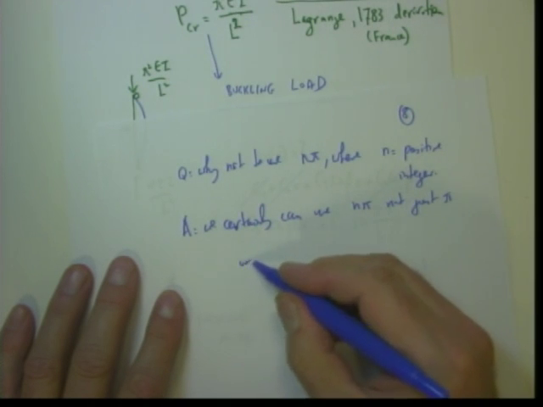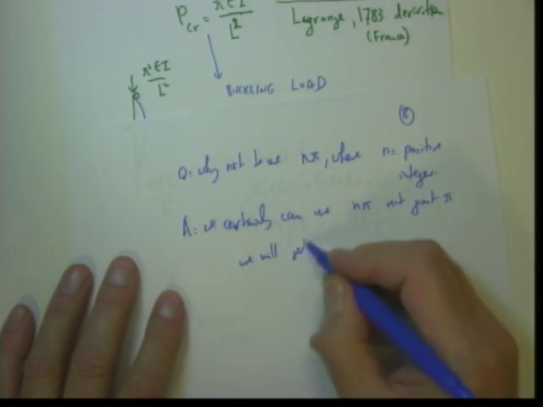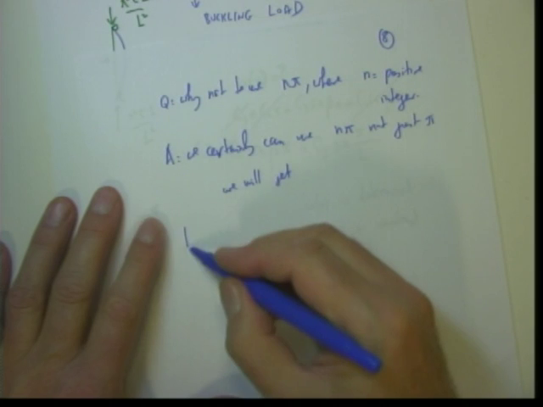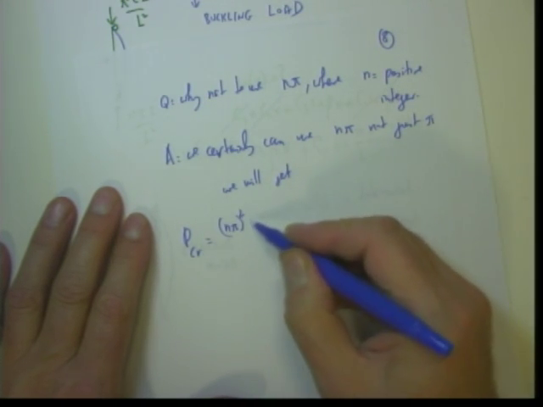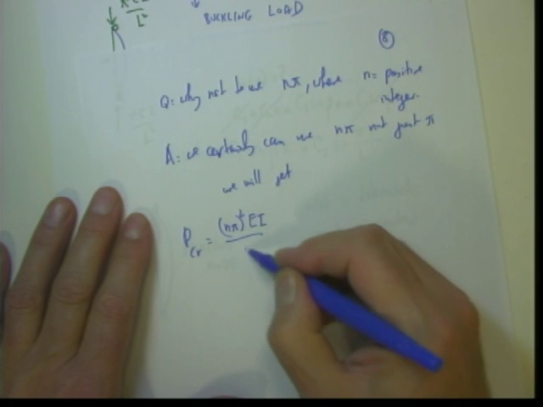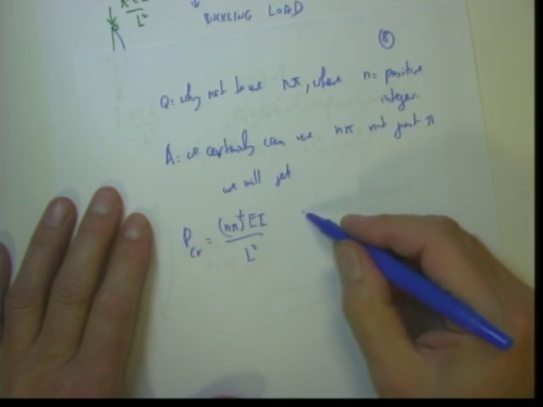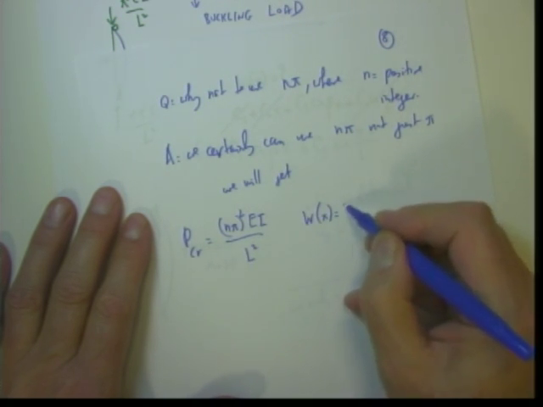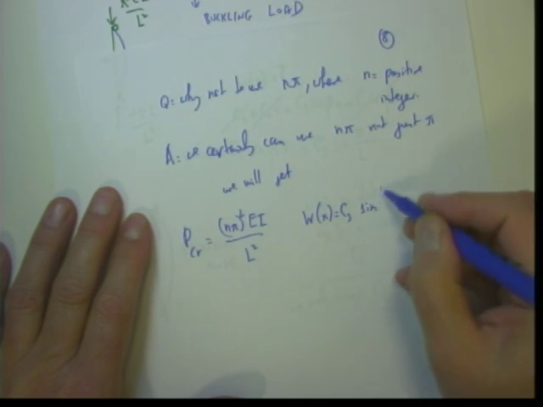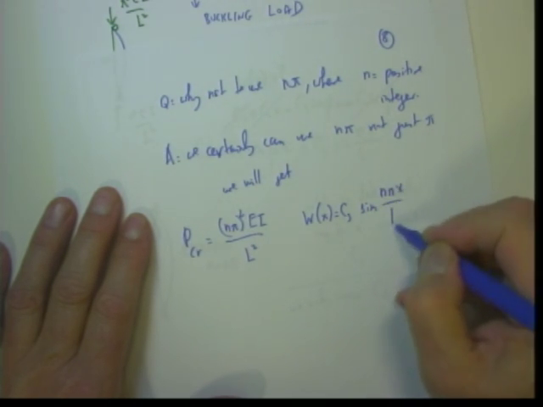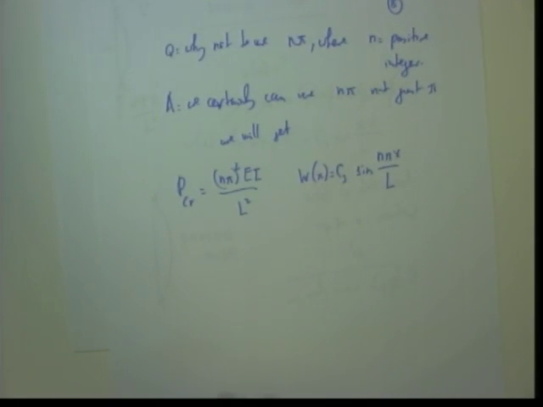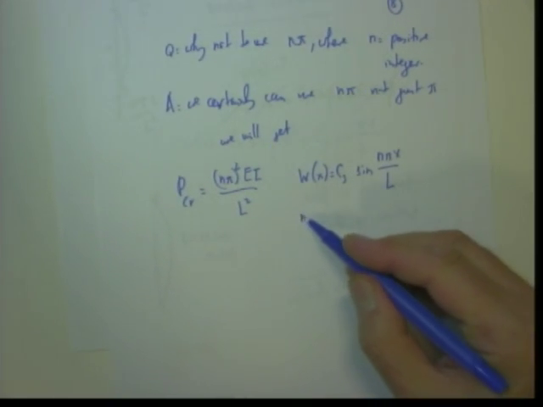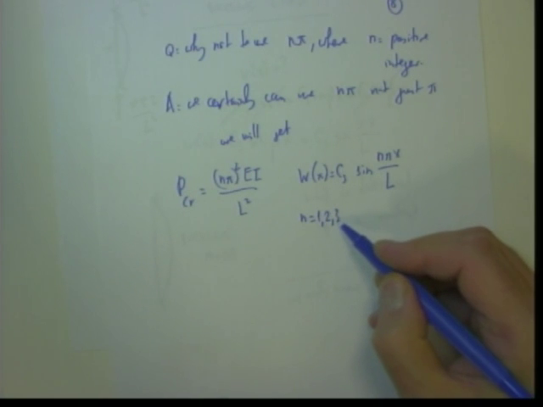We will get the following. P critical equals n pi squared times EI over L squared, and W of x equals C3 sine n pi x over L. Okay? So n equals 1, 2, 3, etc.